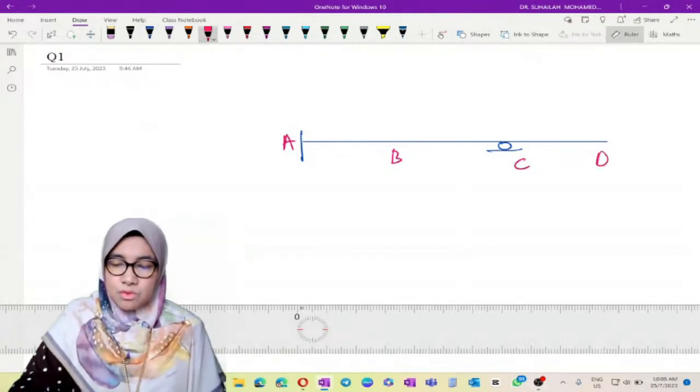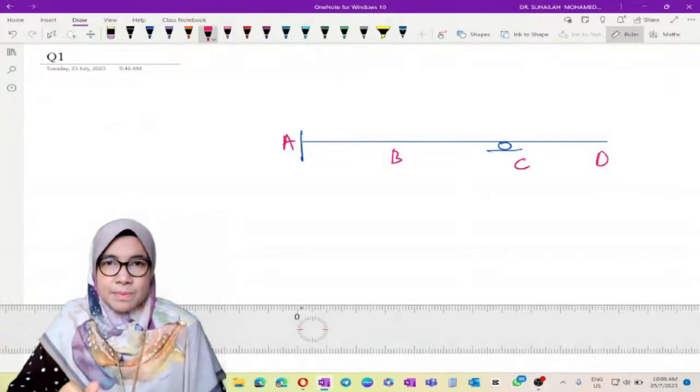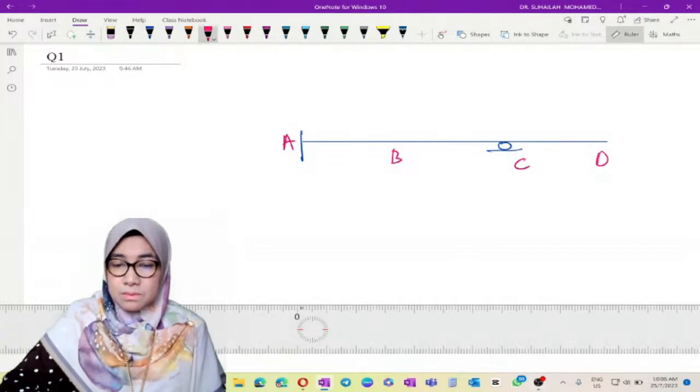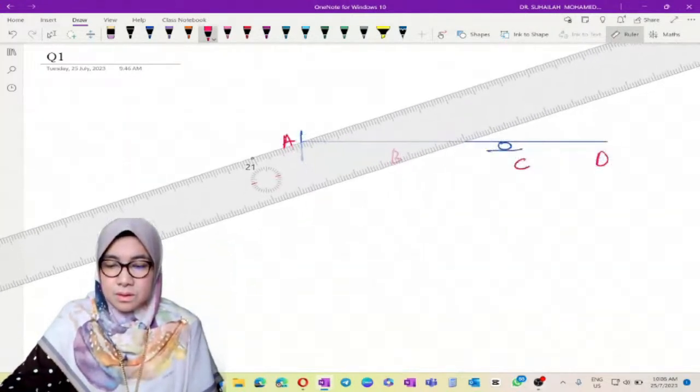From A to B, this beam is subjected to a triangular load.